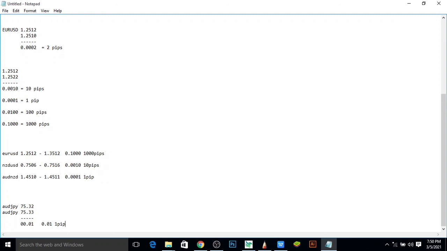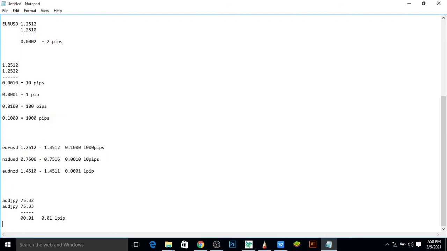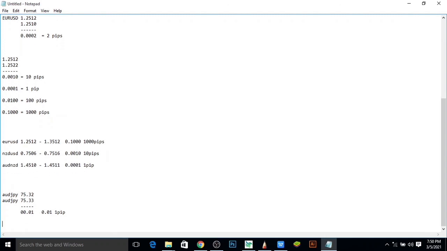So the same concept still applies. If it now moves from 75.32 and becomes 75.42, the same concept still applies, right? That means the change will now be 0.10, that is 10 pips, right? 10 pips. The same concept still applies.